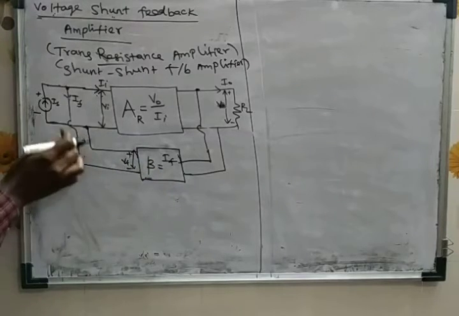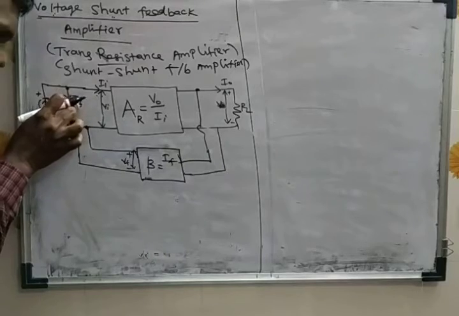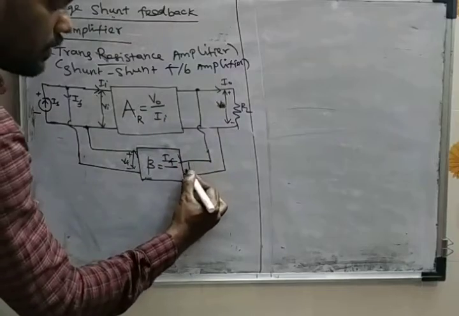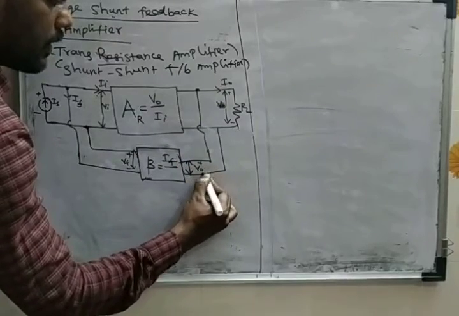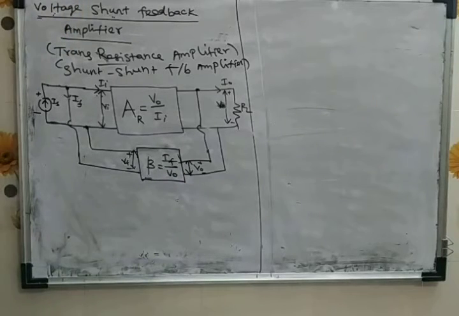We are doing current mixing, so the output proportional current is IF; IF to the V naught, since voltage sampling, so IF divided by V naught.